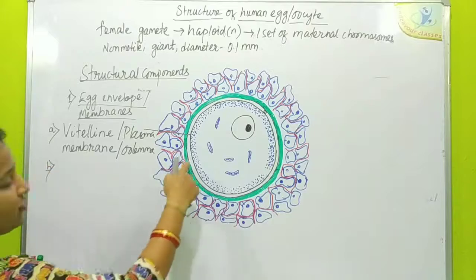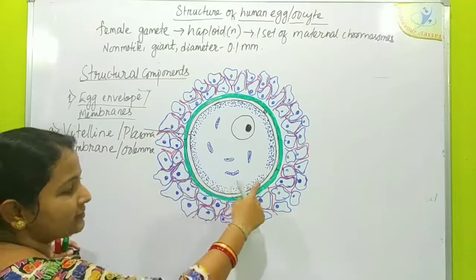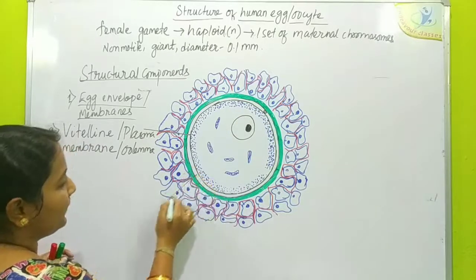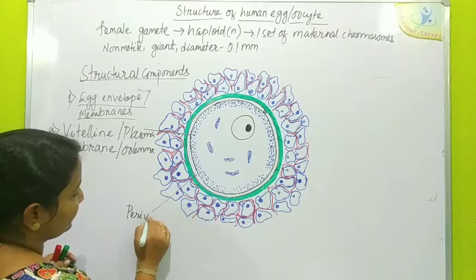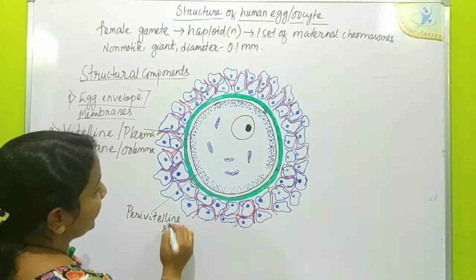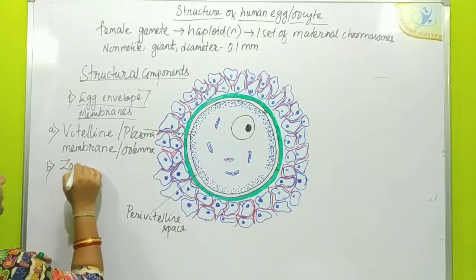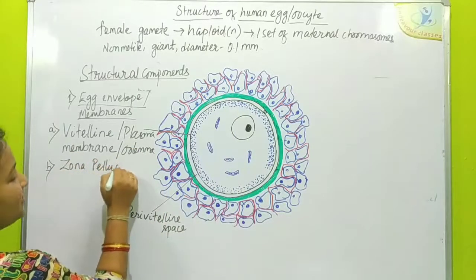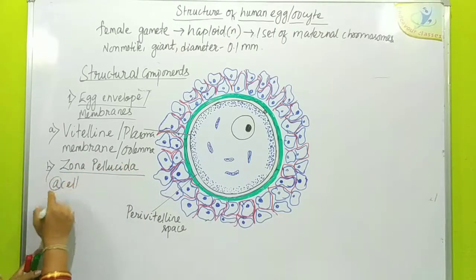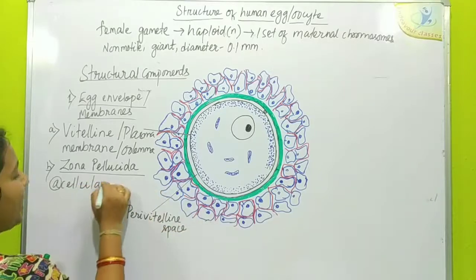Next to it there is a narrow space. You can see here, this is not a membrane, this is the perivitelline space where polar bodies are collected. Outer to that, the green layer here is the zona pellucida, which is an acellular glycoprotein layer. Acellular means A refers to absence, that means no cells are forming this layer.